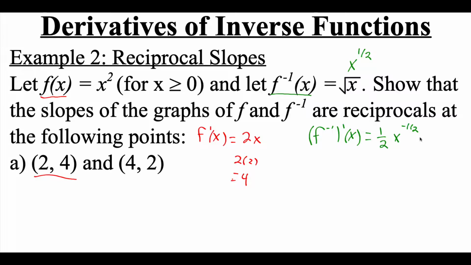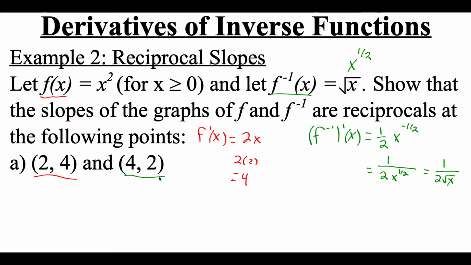Now, we don't typically like to leave our answers with negative exponents, so I'm going to take this x with a negative 1/2 on it and drop it down to the bottom of our fraction with that 2. So this is going to say 1 over 2 times x to the 1/2 power. But then I can rewrite that 1/2 power as a square root again. So I'm going to change this to say 1 over 2 times the square root of x. So that's the derivative of our inverse function.